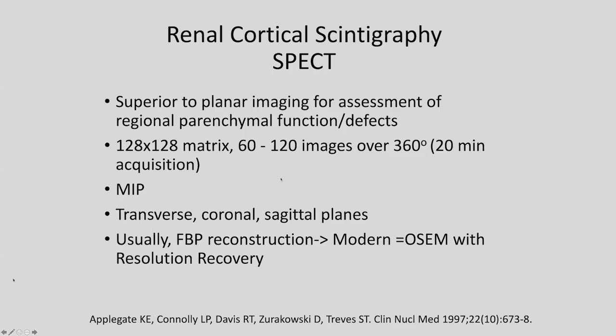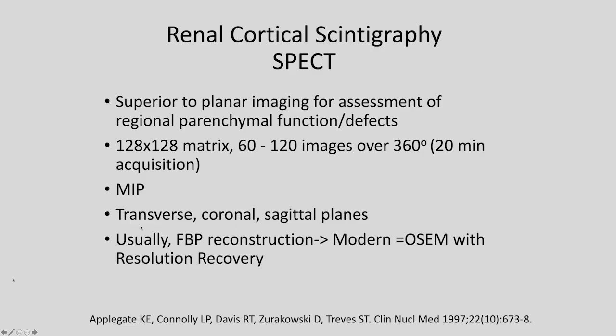What we have been using in the recent past is a 128 by 128 matrix with images taken over 360 degrees around the patient, and this requires a 20-minute acquisition. The maximum intensity projection image, which I showed you before, is critical to get a 3D evaluation of the kidney before doing the slices. Slicing obviously can be done in the transverse, coronal, and sagittal planes.